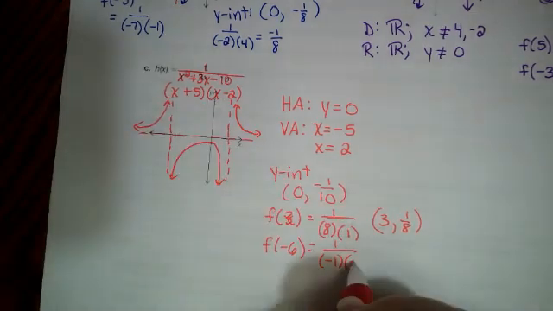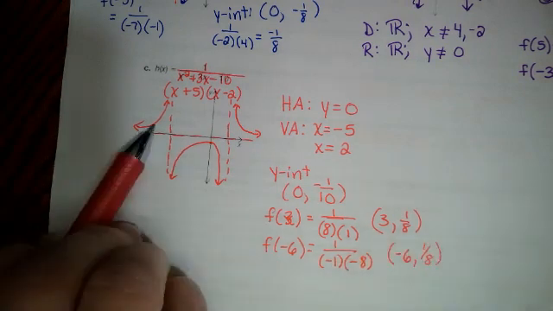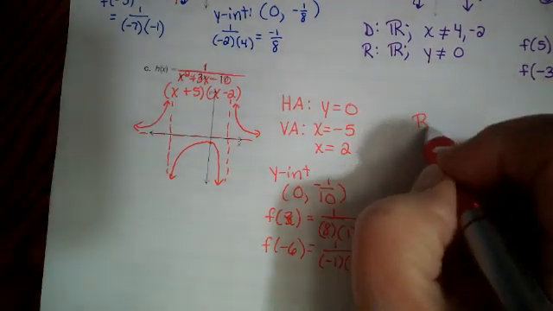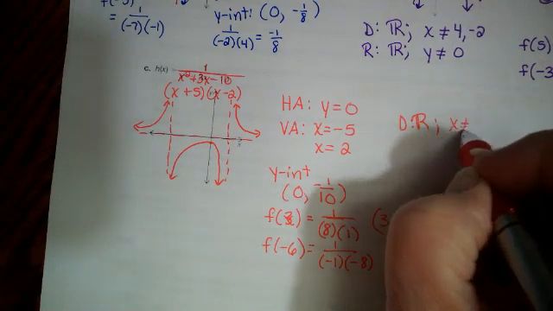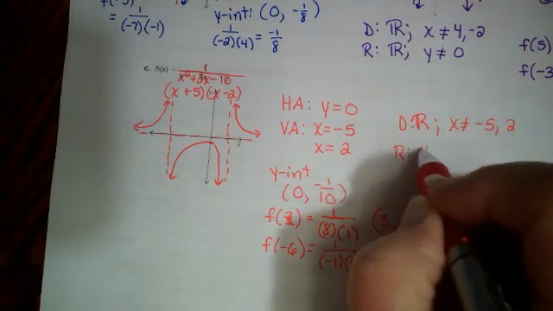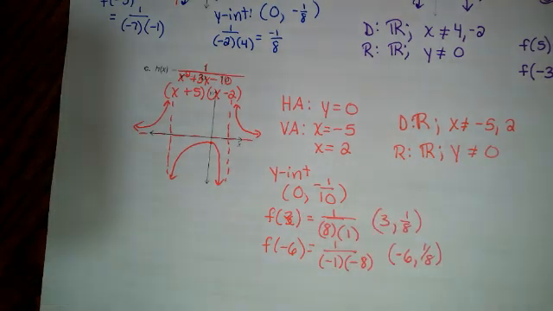Negative 6 minus 2 is negative 8. And that gives me the point negative 6, 1/8. So it is above the x-axis. Domain, all real numbers, except for those asymptote lines. Your range, all real numbers, except for the asymptote line.